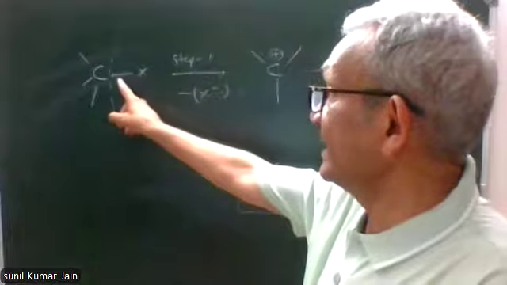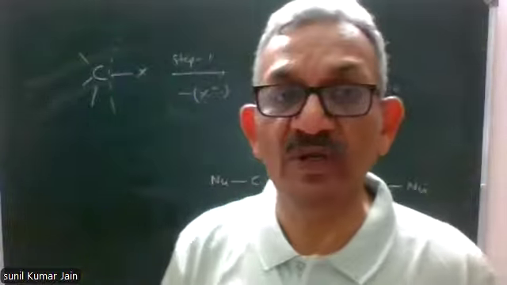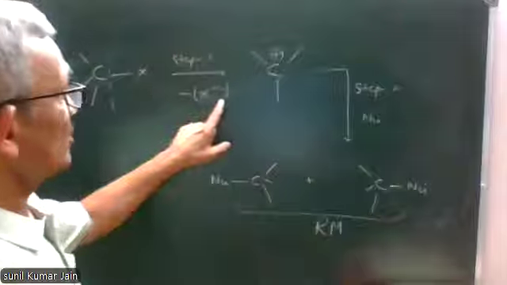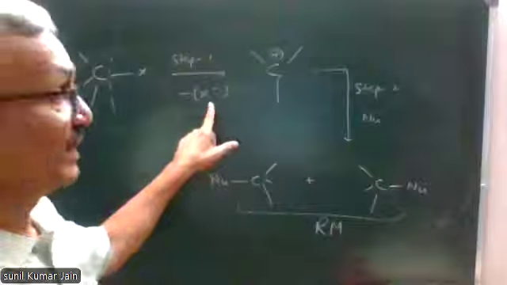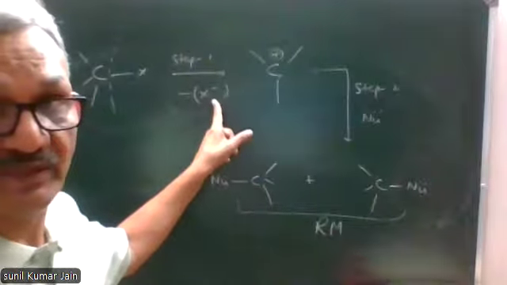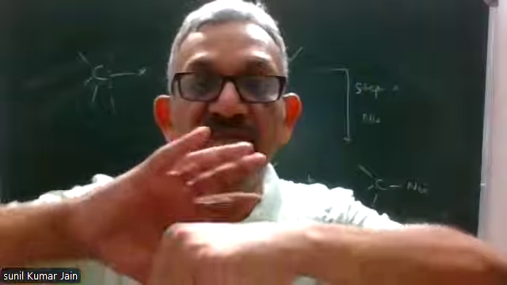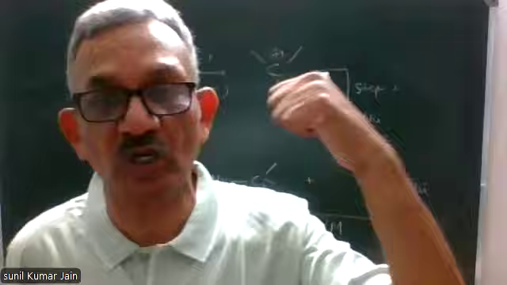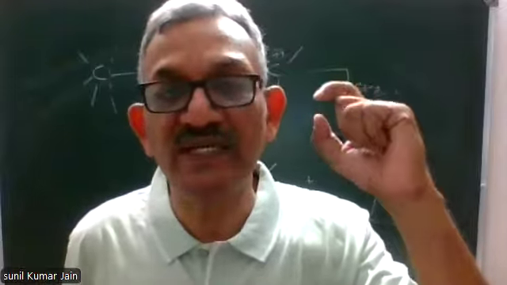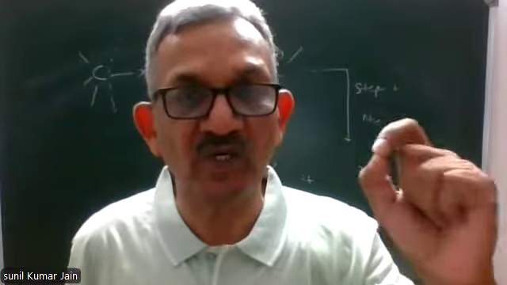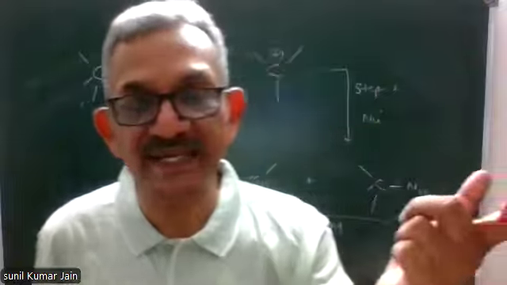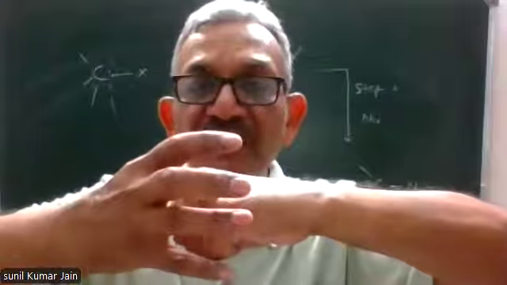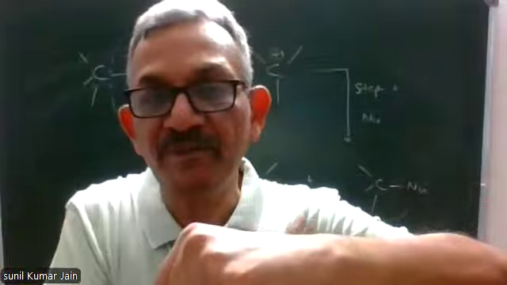Now, as I said, energy is required for breaking of this bond. From where does this energy come? Energy comes from solvation of this halide ion. After breaking the bond, the halide ion will be released. This halide ion will be solvated. Solvated means that this reaction will be carried out in the presence of a solvent. And the solvent used is generally a polar solvent, like water, alcohol, or acetic acid. Polar solvent will form a cover around the halide ion.